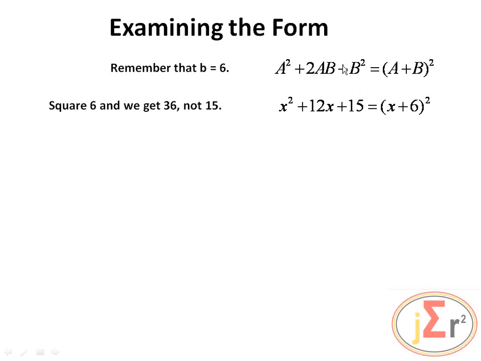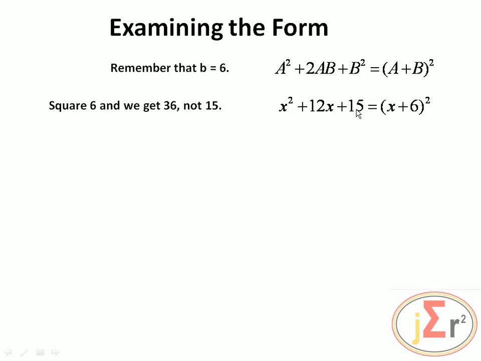So when we write this as the perfect square, x squared goes there, no problem. 2 times x times 6 is 12x, that's correct. So these two are all right, perfect. But when we square 6, we get 36, not 15.